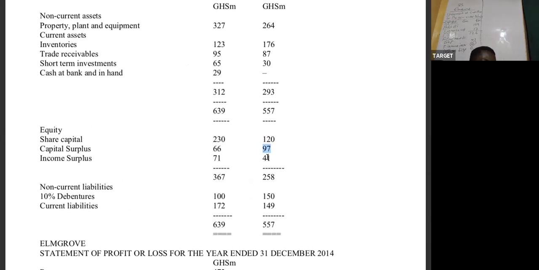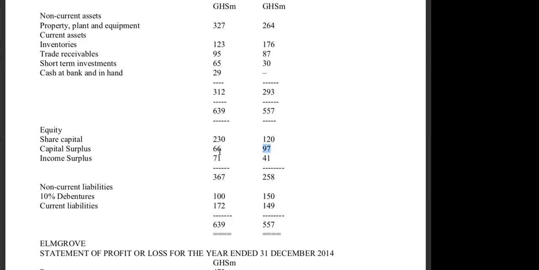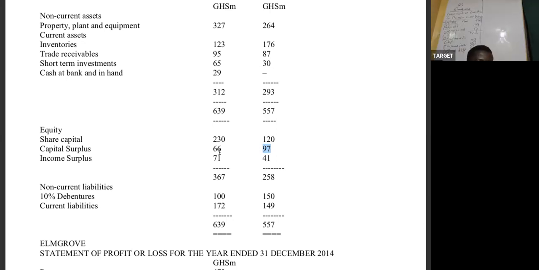Since it has not been reflected in the P&L, the difference between 97 and 66 is 31. We are going to report the 31 in the PPE computation. Now, this is a loss. Revaluation loss is not subtracted from the revaluation reserve on the statement of changes in equity. No, we don't do that.